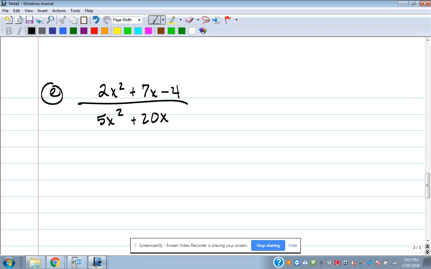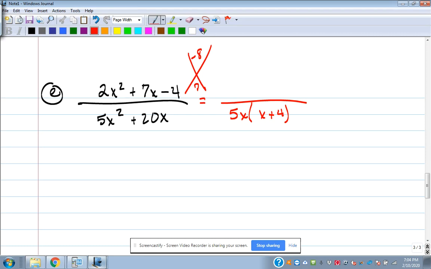Okay, so I want to factor the denominator first because it's easier. So what do we do with the denominator? GCF would be 5x and x plus 4. And then I'm going to go to the numerator and do the x method on it.